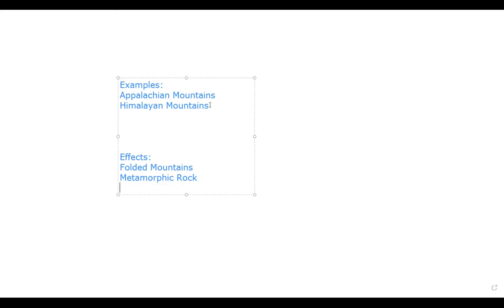And lastly, you get earthquakes and faults or fault zones. That's where earthquakes occur. And so that is the last effect that's really important for you to understand about folded mountains. So go ahead and pause it here if you need to.